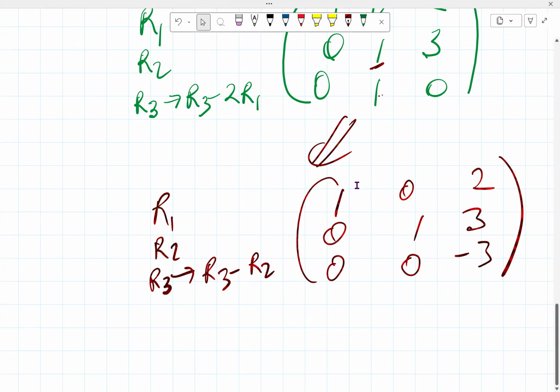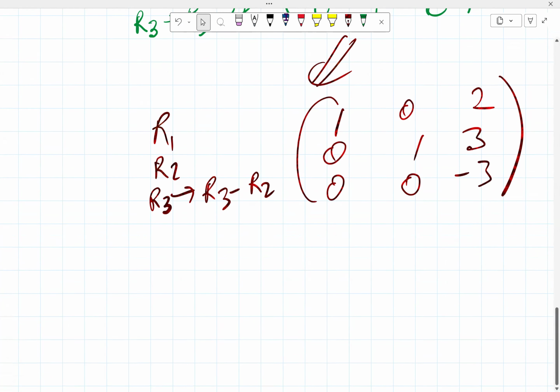So either in echelon form or reduced row echelon form, we can say this is a full rank matrix, meaning that the rank is 3, because all the columns are good, there's no zero row. But let me take it to reduced row echelon form.